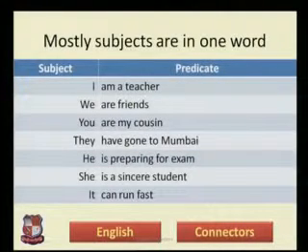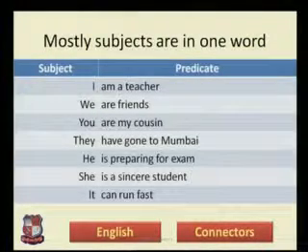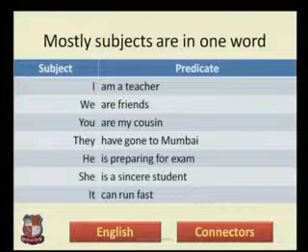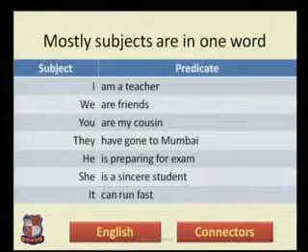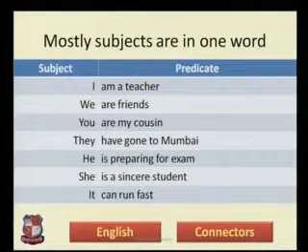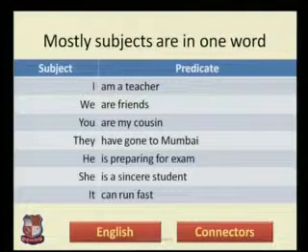Here are some more examples. As you can see on the screen, mostly the subjects remain in one word. As in the first sentence, I am a teacher, I is a subject, and the rest of the sentence, that is am a teacher, is a predicate.